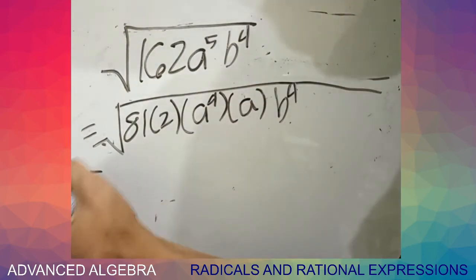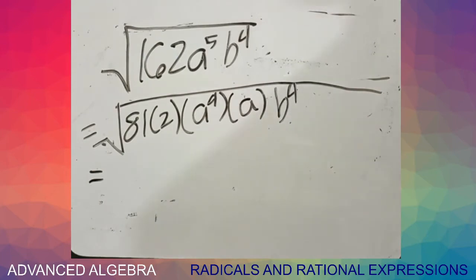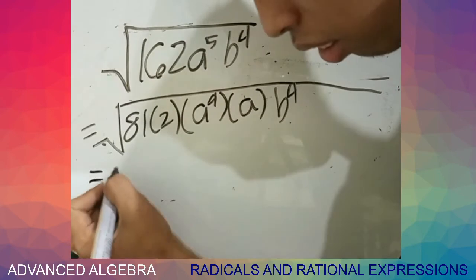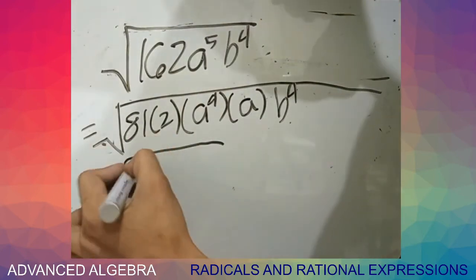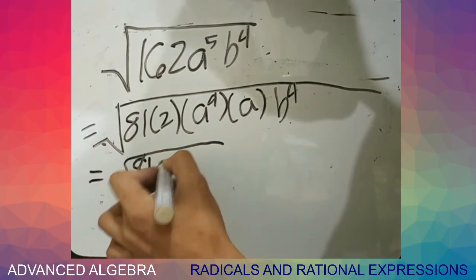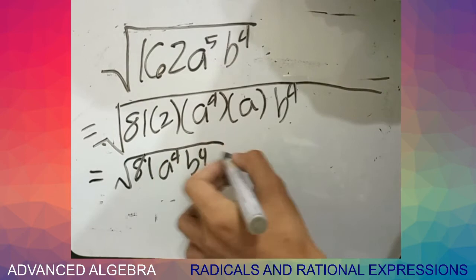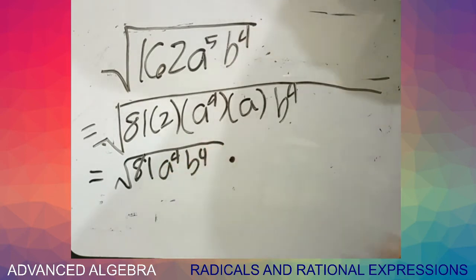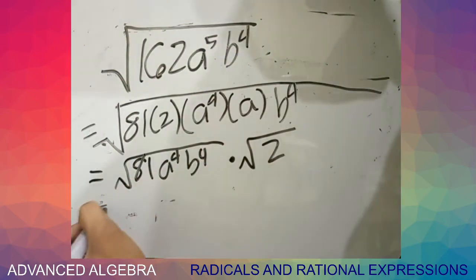Okay? Next. So, i-transfer natin as yung product rule of simplifying square root. So, ilipat natin. So, ipaghiwalay natin yung may perfect square root. So, square root of 81 a to the fourth power b to the fourth power, times the square root of 2a. Okay. Next.